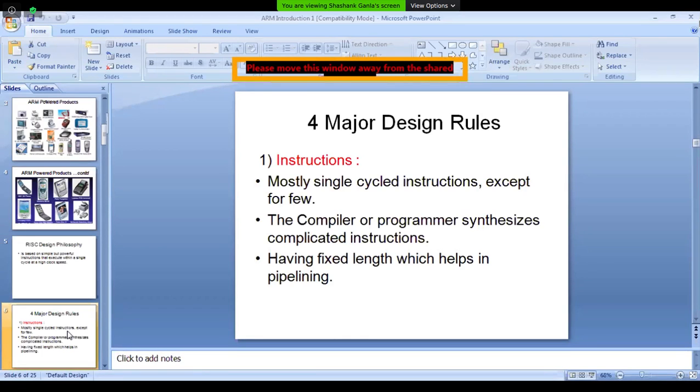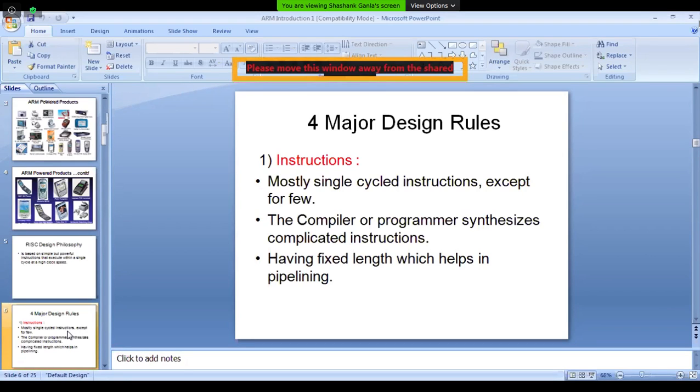Ideally, they expect to design all their instructions to complete in a single cycle. But practically that could not be realized, and if 90% of the instructions take a single clock cycle for execution, maybe 10% of instructions will take more than one clock cycle.